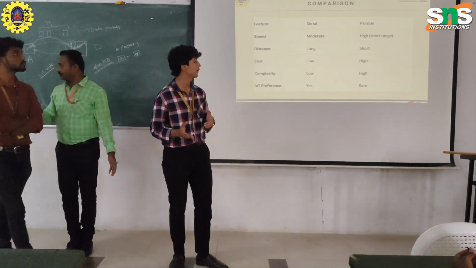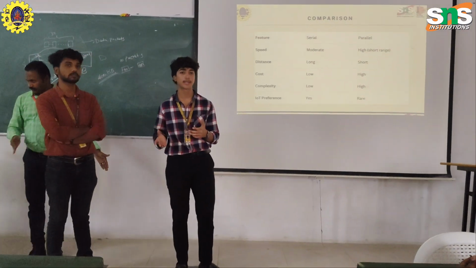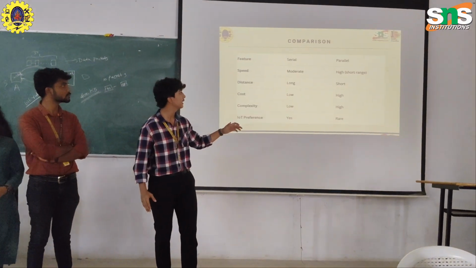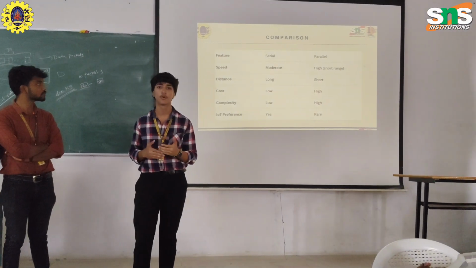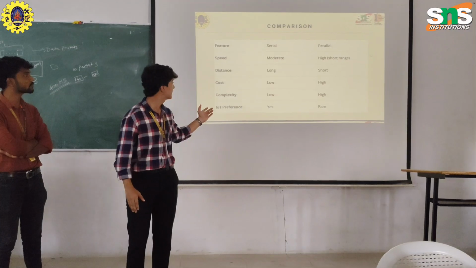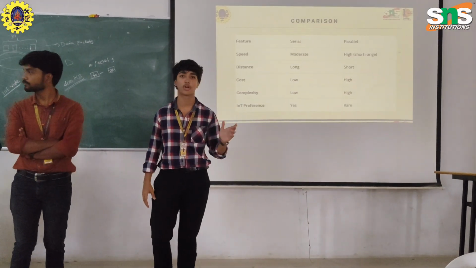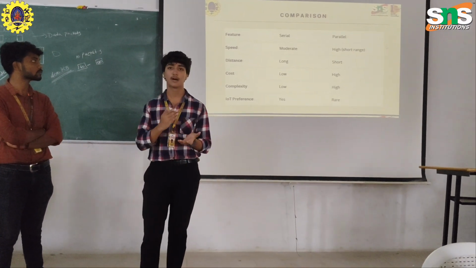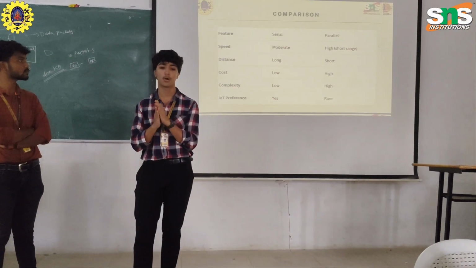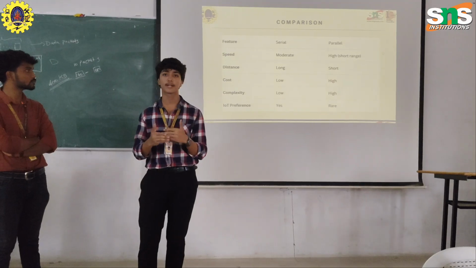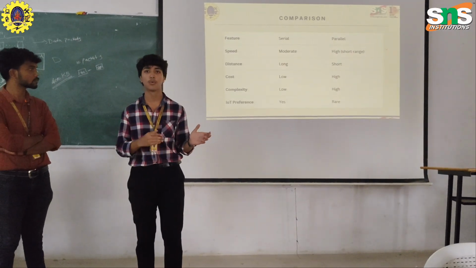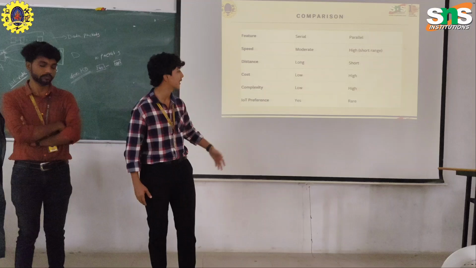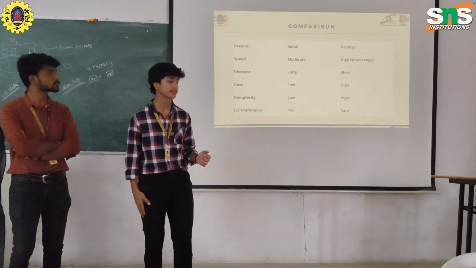So this is the comparison between serial communication and parallel communication. In serial the speed is moderate, but in parallel it is faster and more advanced. The distance is longer in serial and shorter in parallel. Cost is lower in serial, and in parallel it is higher as it is more advanced.